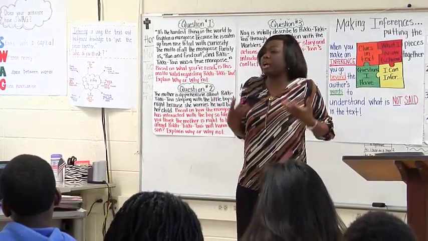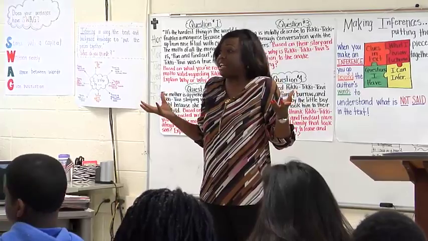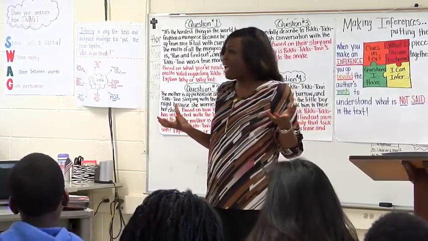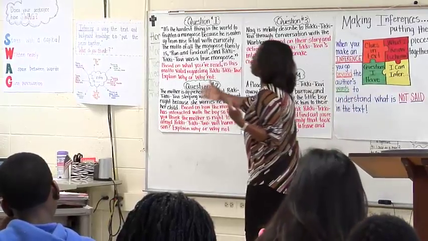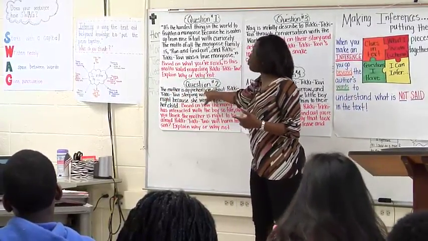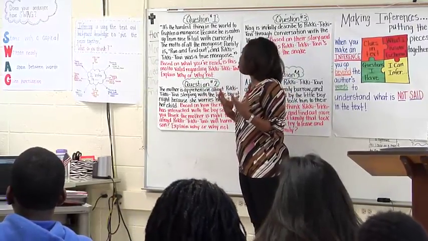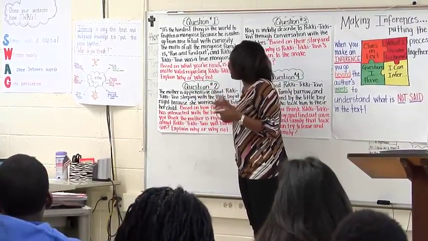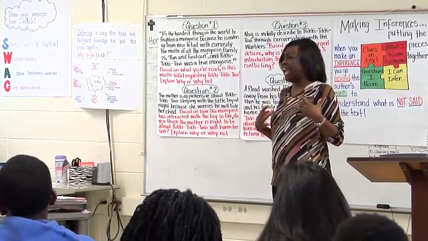What's a synonym? Worried. Worried. Okay, very good. Worried is a good synonym for apprehensive. So we could say the mother is what? Worried about Rikki-Tikki-Tavi sleeping with the little boy at night because she worries he will bite her child. So worried. She was a little worried. She was a little scared.